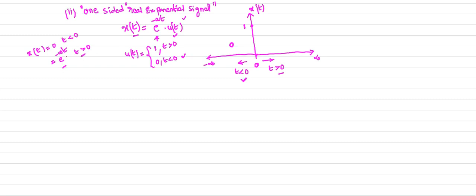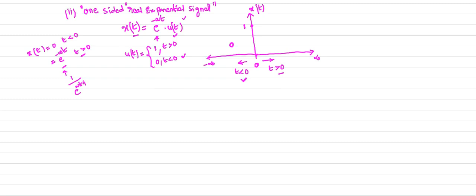Now how can you plot this e power minus at? This is your real exponential signal as t progressively increases on the right hand side. e power minus at is nothing but 1 by e power at.